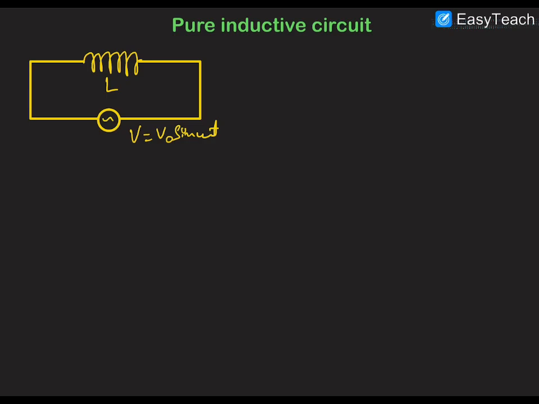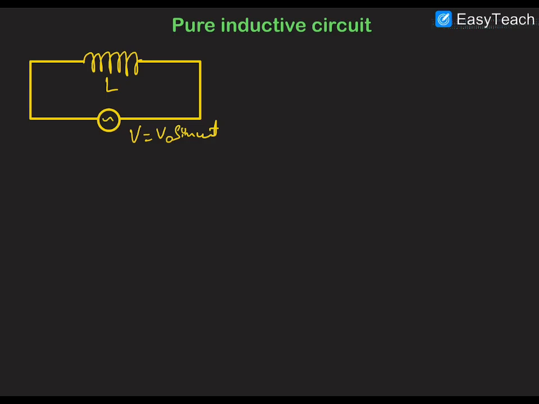So each conductor will have some resistance, and therefore when we shape a straight wire in the shape of a coil, then that coil has resistive properties as well as inductive properties, and that is why we call it an impure inductor.